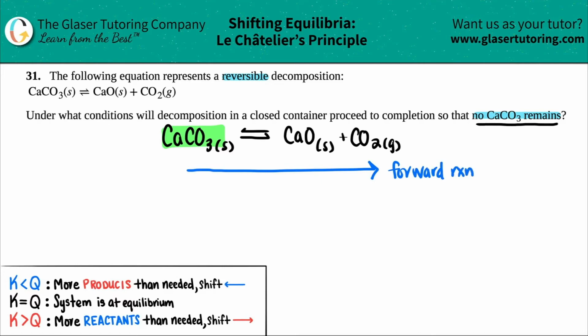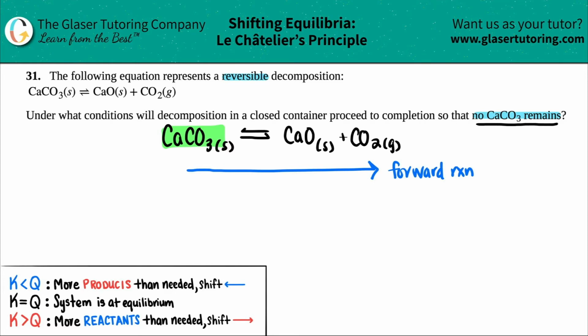Well, that comes from our knowledge of K's and Q's. Remember, we've done a ton of work with K's and Q's. The K is the equilibrium constant. The Q is the reaction quotient, which uses concentrations or pressures at any time during the reaction. K is only at equilibrium.